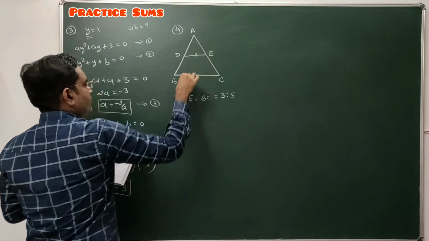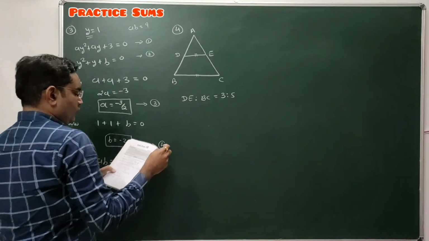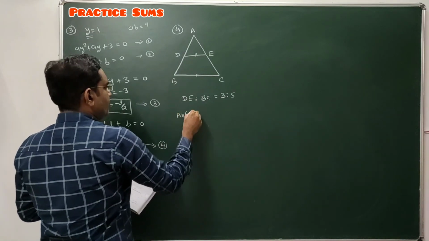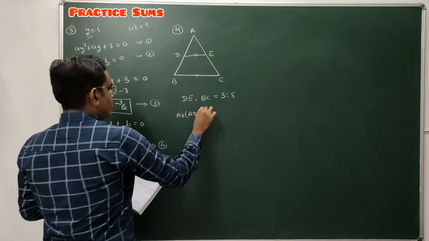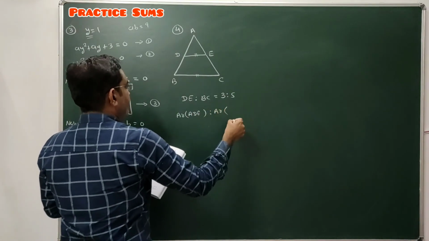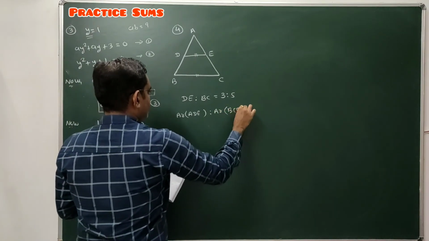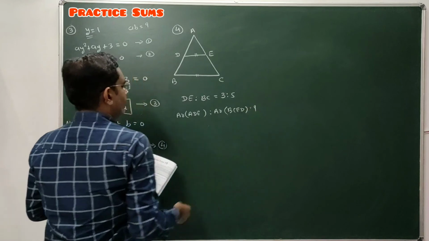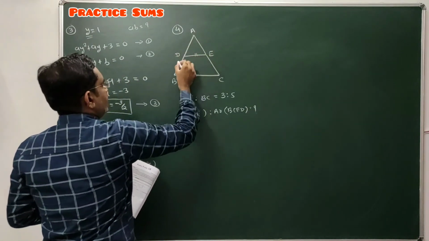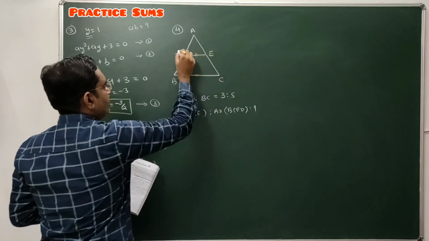DE ratio BC, ratio of these two sides are given, that is 3:5. Calculate the ratio of the area of triangle ADE to the area of parallelogram BCED. We have to find the ratio of the area of triangle ADE and parallelogram, or we can say it's a trapezium BCED.